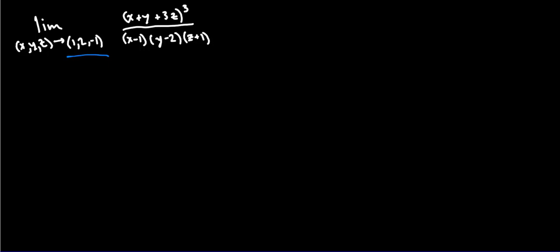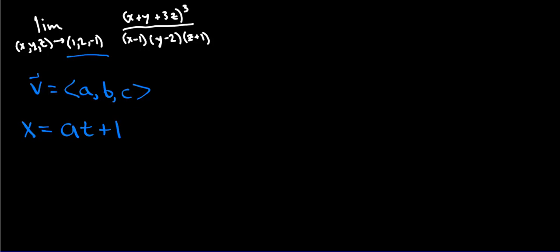So what we can do is this. I'm going to pick a line in space that passes through that point. This is a trick here. I'm going to say my vector is going to be ABC, and I want my line to pass through that point. So x is equal to AT plus 1.